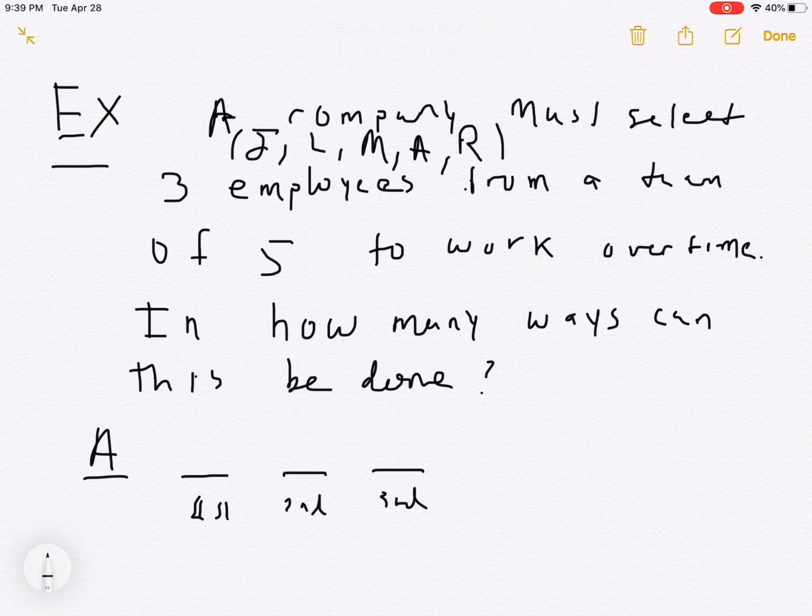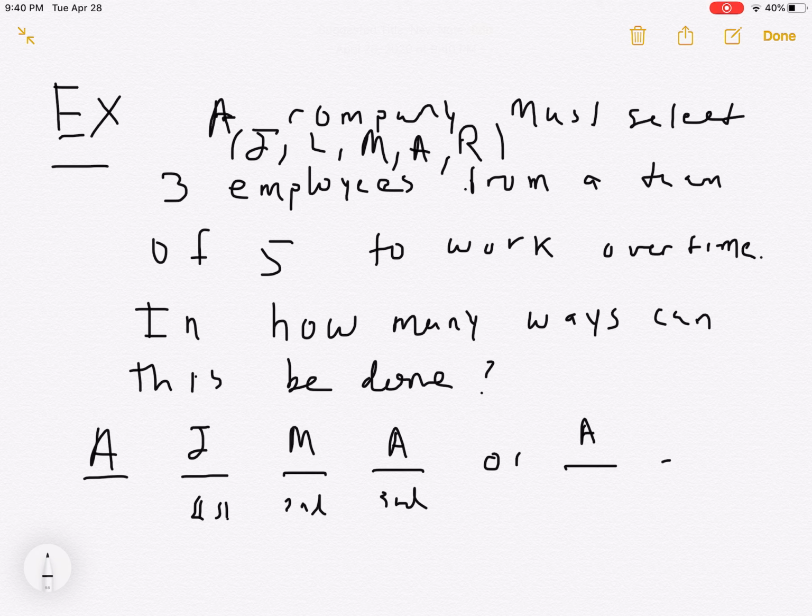And your first, second, third could be John, Mary, and Aaron. But it actually didn't matter that you were counting order. So in this one, if you were to do a permutation, this would not be the same as this.